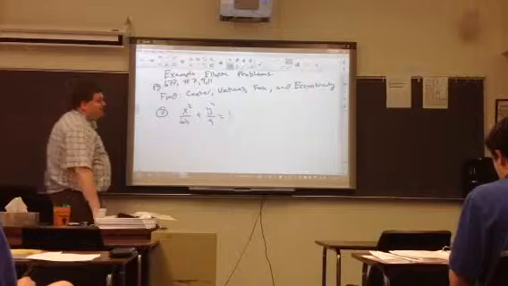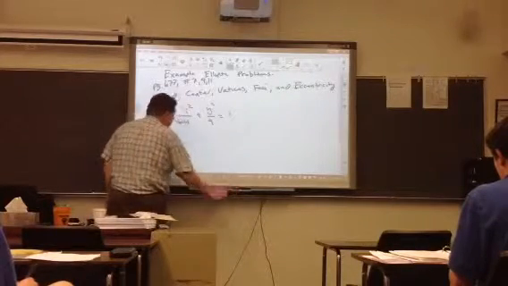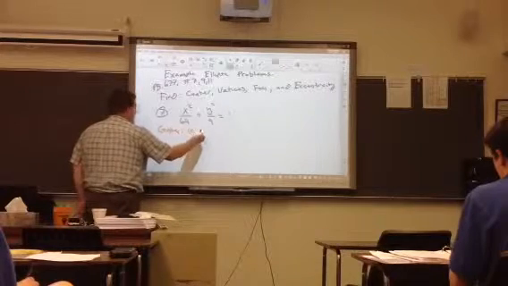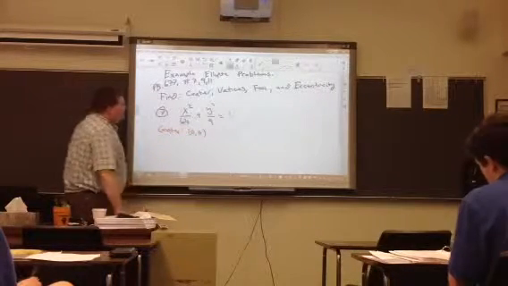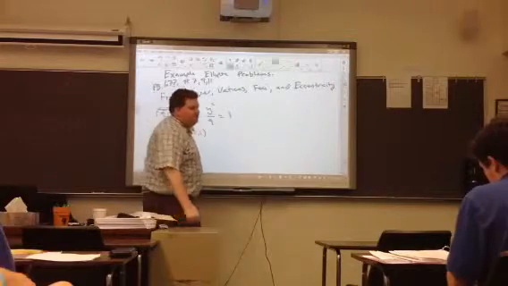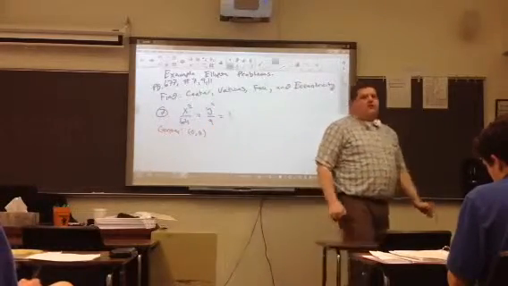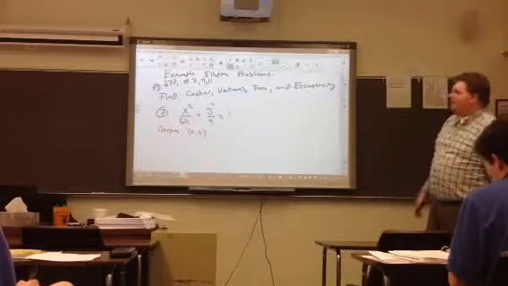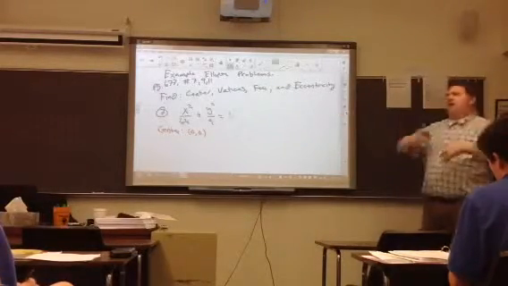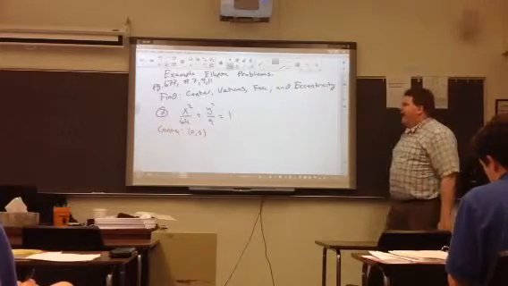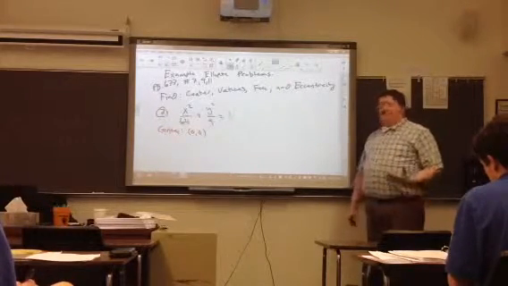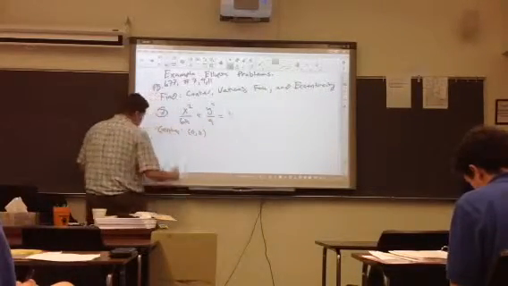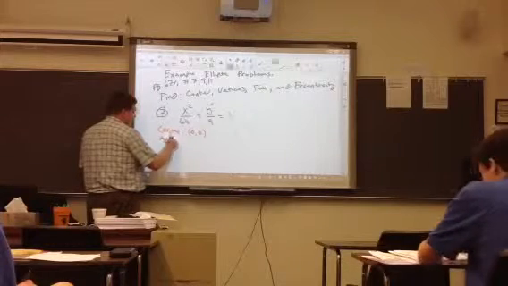Easiest thing to find should be the center. What's the center going to be? 0, 0. Next thing, vertices. Vertices are determined by your axes, with the major axis going one way and the minor axis the other. What's my major axis going to be? 8.